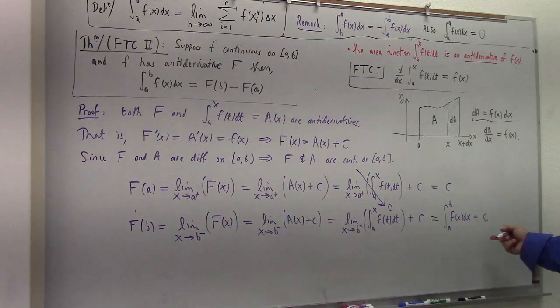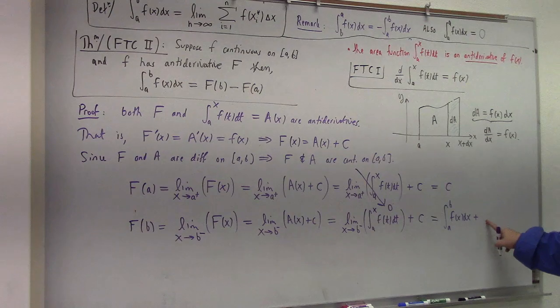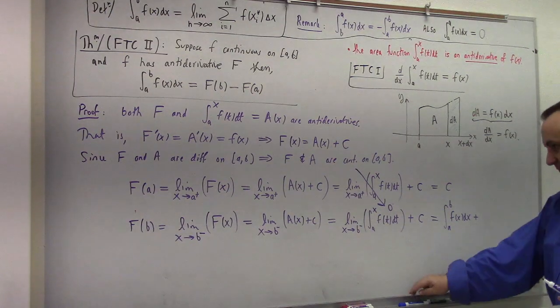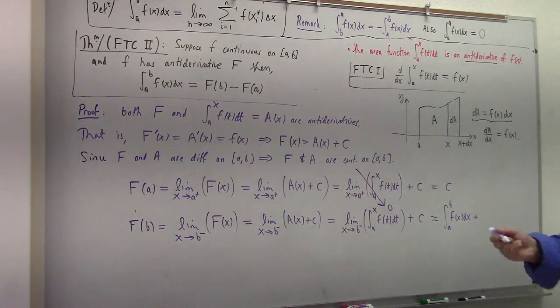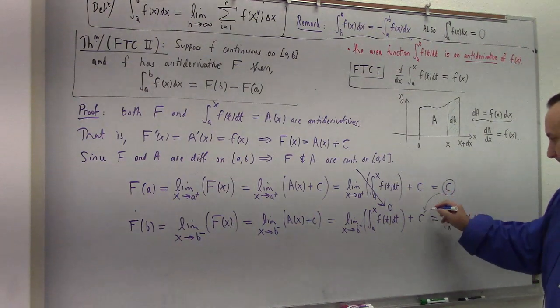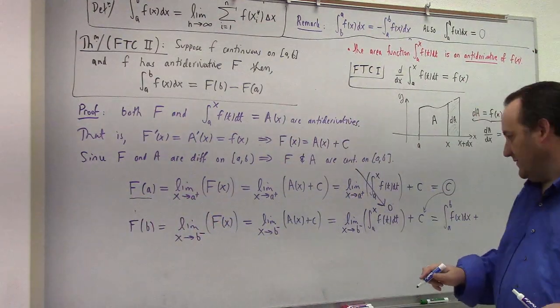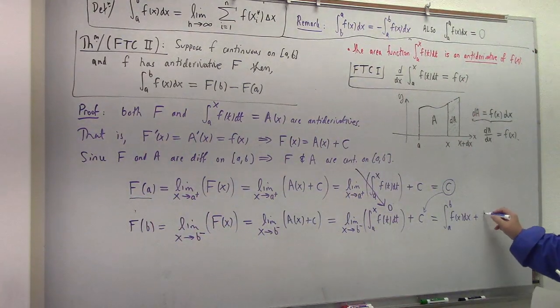But actually, instead of writing c there, I'm going to erase that c, because we know c is F of a, from the line above. So I can replace this with that plus F of a.